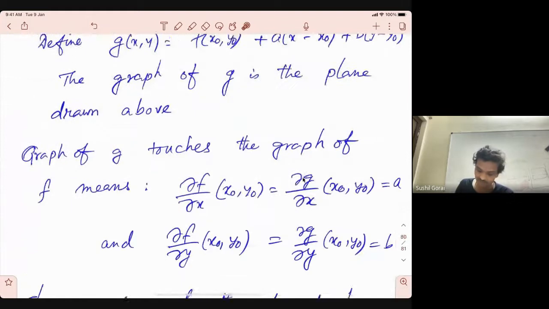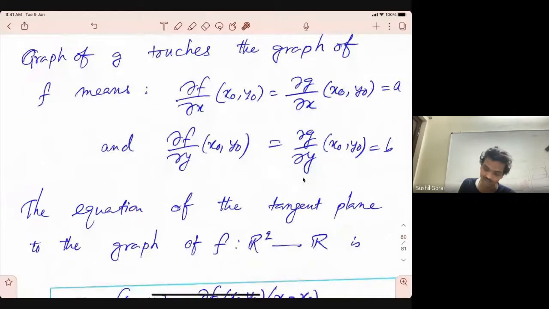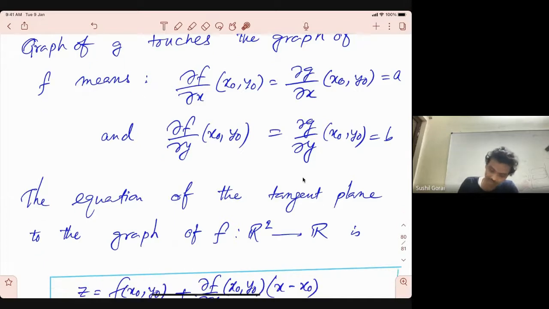Then, by the condition that the plane touches the graph, we will get a and b, right? And in any other direction you take, the tangent line will always lie in the plane. Definitely, that is true.